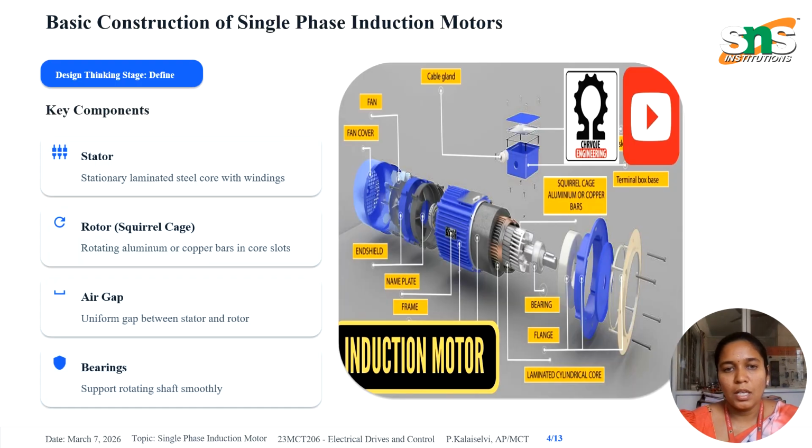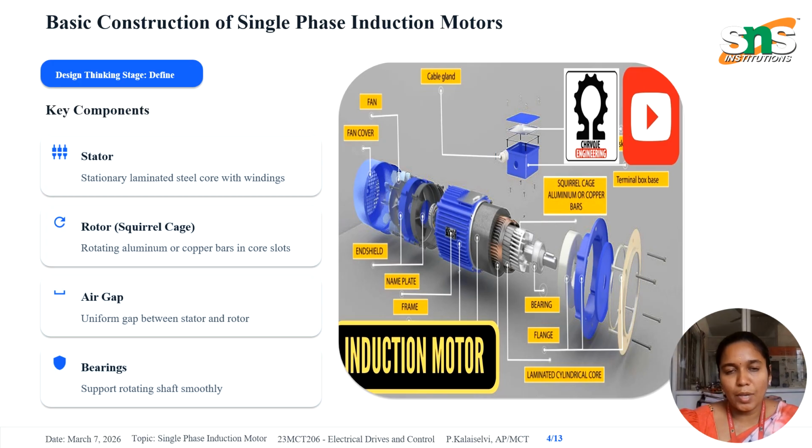Here is the basic construction of a single phase induction motor in the define stage. A single phase induction motor mainly consists of 4 important parts: stator, rotor, air gap, and bearings. The stator is the stationary part of the motor, which consists of a laminated steel core and stator windings. The rotor is usually a squirrel-cage rotor.